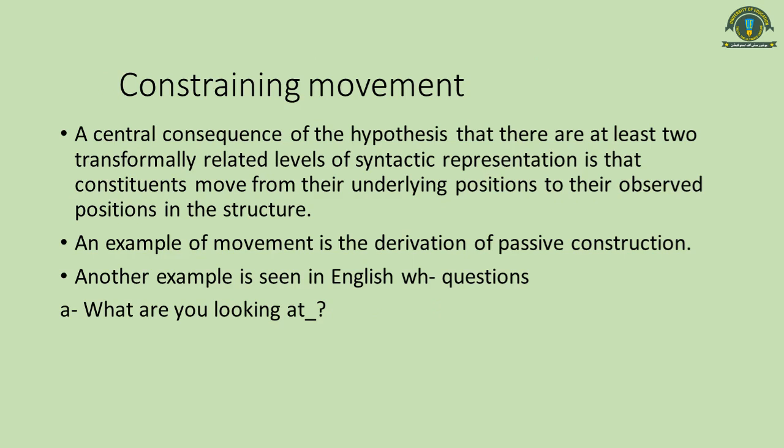Constraining movements. A central consequence of the hypothesis is that there are at least two transformationally related levels of syntactic representation, so that constituents move from their underlying positions to their observed position in the structures.